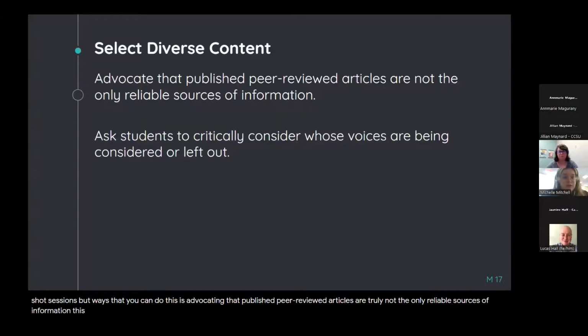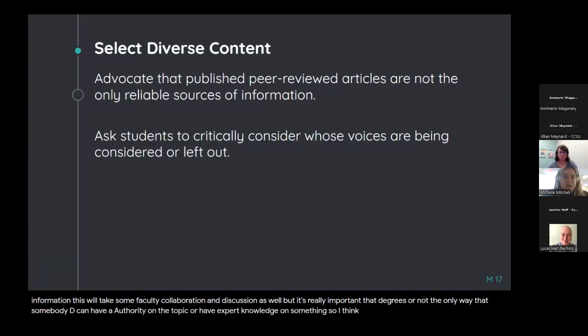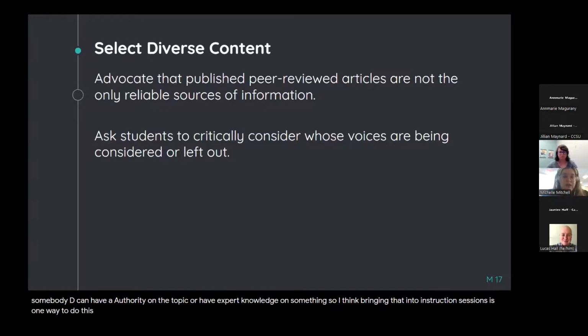This will take some faculty collaboration and discussion as well, but it's really important that degrees are not the only way that somebody can have authority on a topic or have expert knowledge. So I think bringing that into instruction sessions is one way to do this. And then also ask students to critically consider whose voices are being considered or even left out, and why that's occurring.